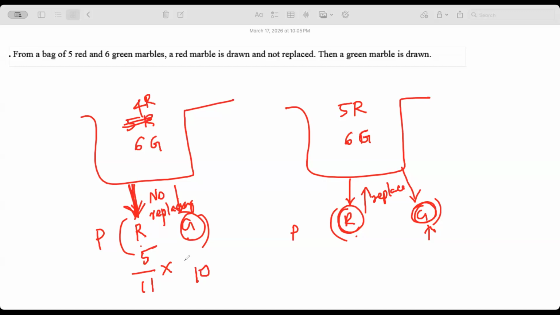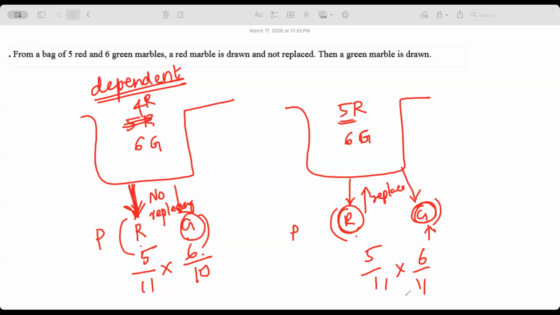So the number of balls becomes 10. So 6 out of 10. Am I making sense? So this is dependent probability. You need to be careful because you need to remember the numbers in the second. Here it's very easy to take out red, it's 5 out of 11. Then I replace it. So it's 6 out of 11. Makes sense, guys?